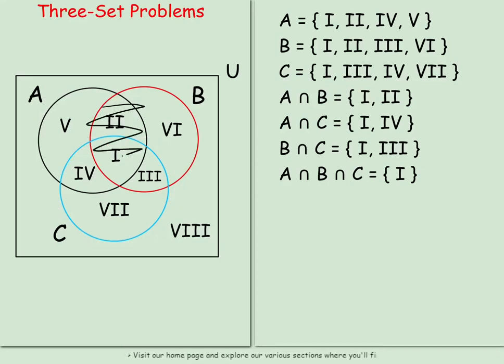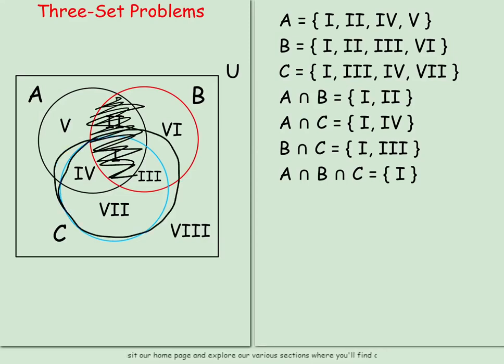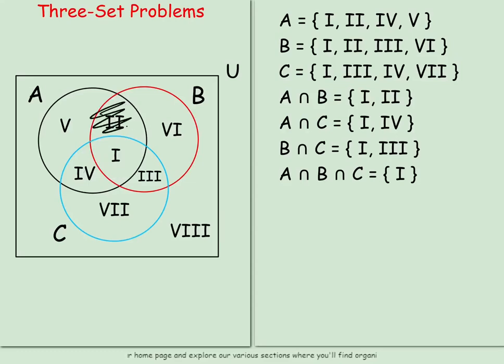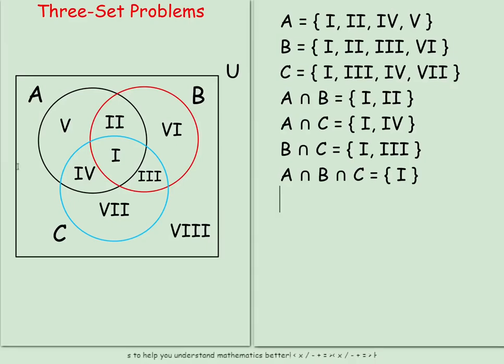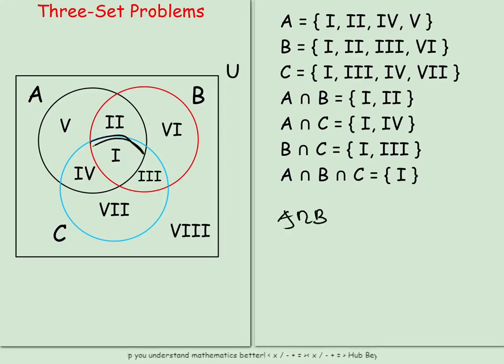Meanwhile, in the A intersection B, which is all of this, if we look at the circle of C, there is a part of it that still takes some of the elements in the A intersection C. So there is a notation for this portion, and this portion as well. How do we notate these portions? We are going to say that this portion over here, that is the I, is actually A intersection B, but we are removing that part that belongs to C, that falls in C's circle.